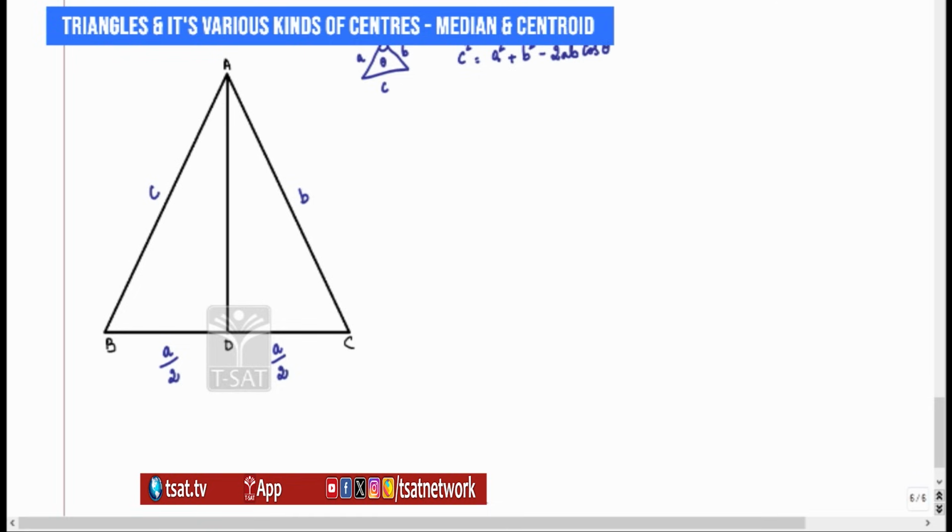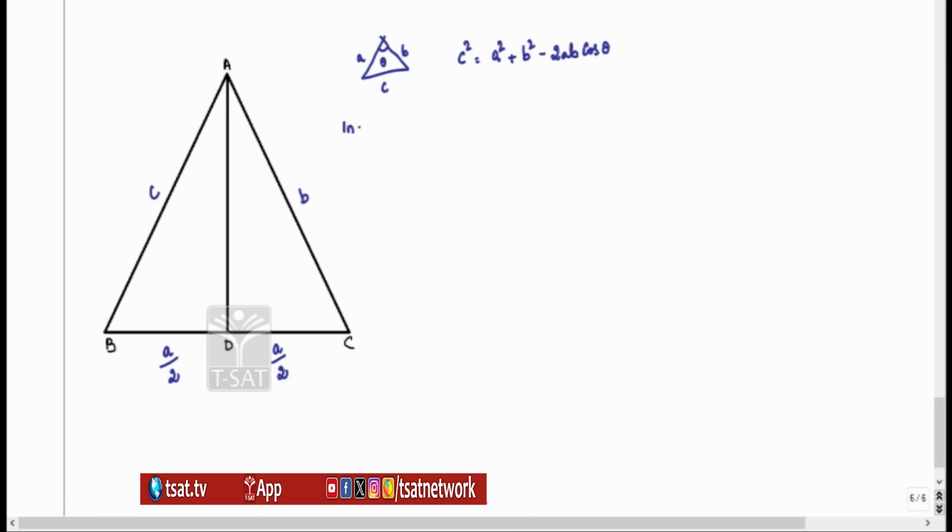So, first we will apply the cosine rule in triangle ABD. We take this angle as theta. This becomes 180 minus theta.